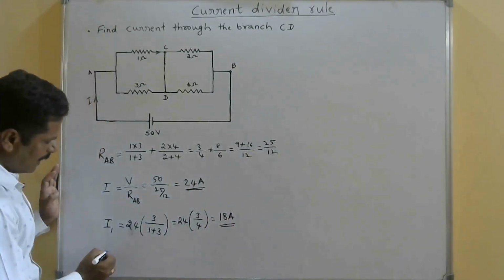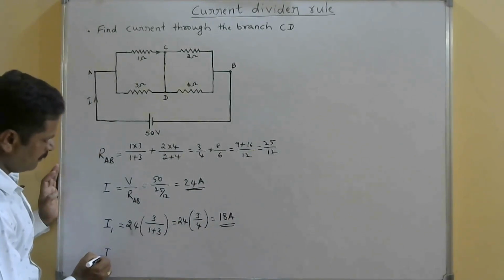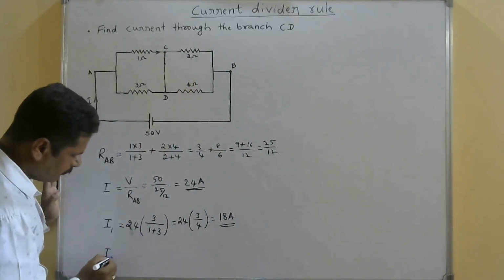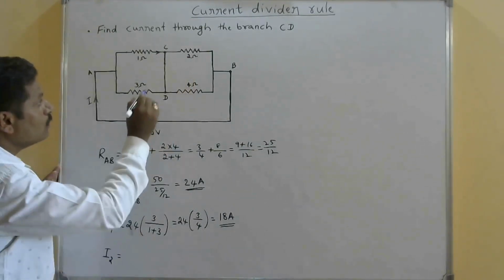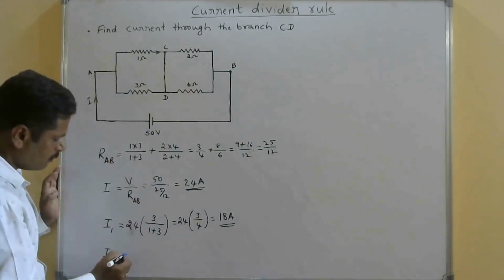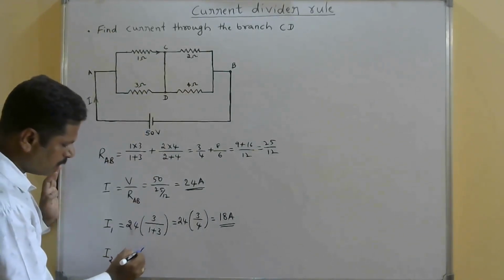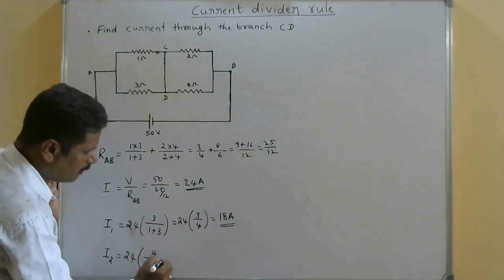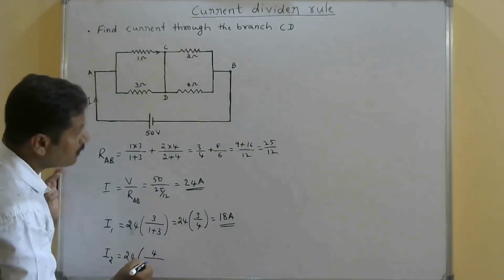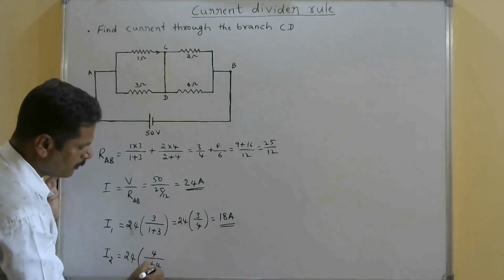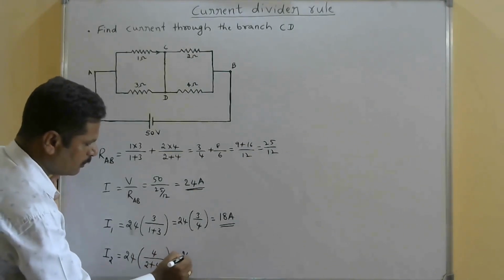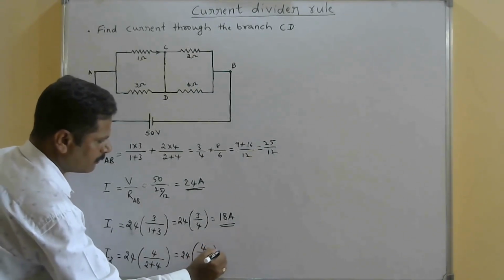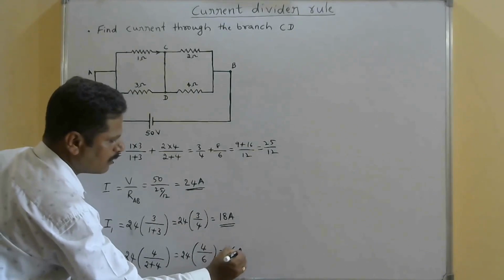In the same way, let me consider the current passing through this 2 ohm resistor is I2. This I2 can be written as total current as per the current divider rule. Total current is 24, opposite resistance is 4 ohm, divided by total resistance 2 plus 4, and this is equals to 24 times 4 by 6. So this is equals to 16 amps.